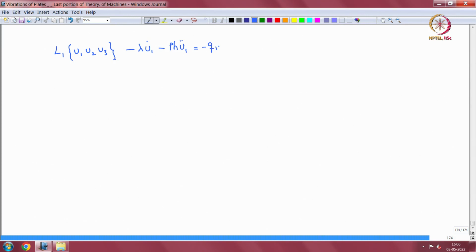Okay. And if we temporarily leave out the damping and the forcing term, what we have is L1 of U1, U2, U3 minus rho h U1 double dot is equal to 0.